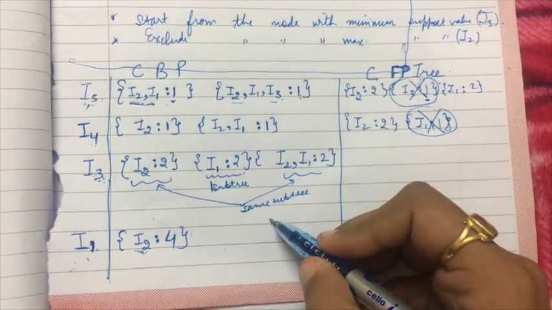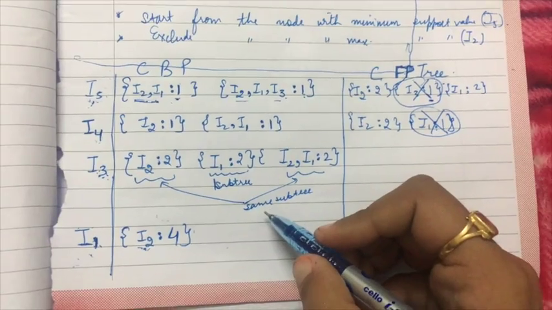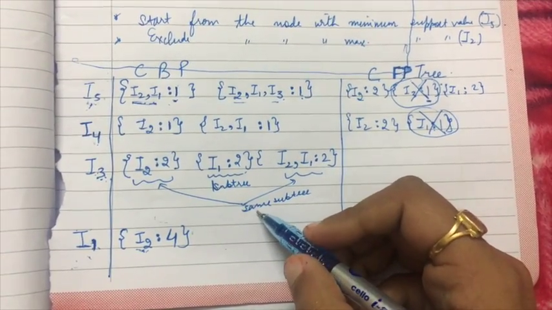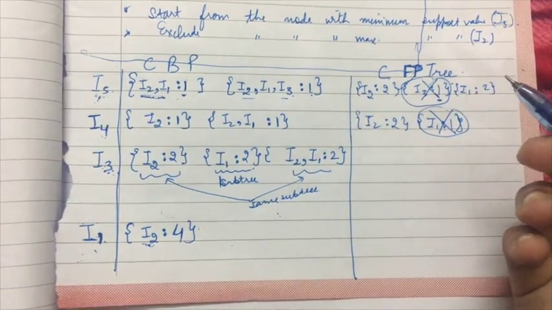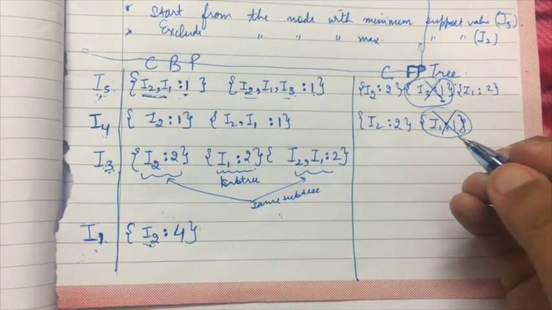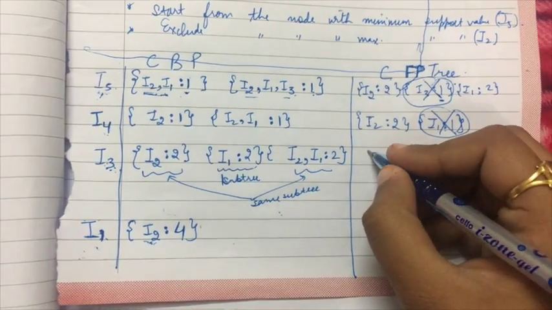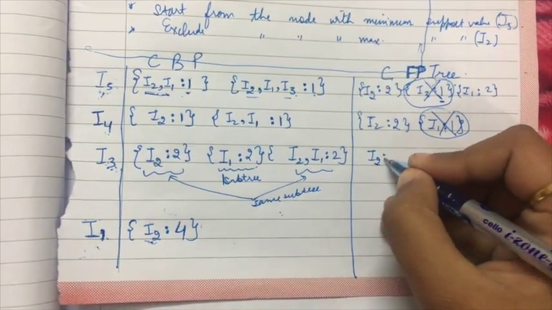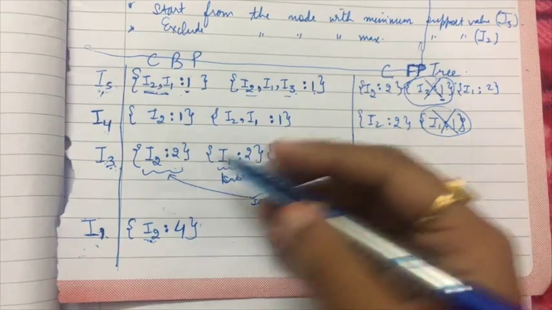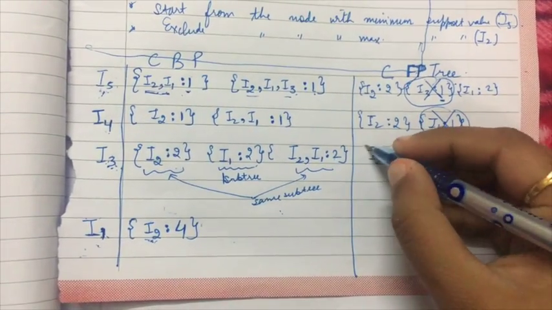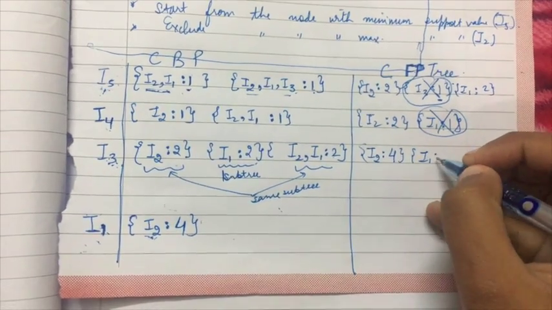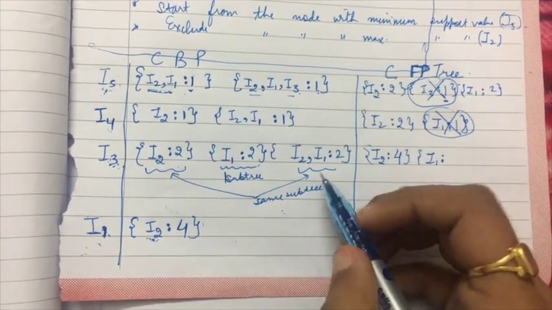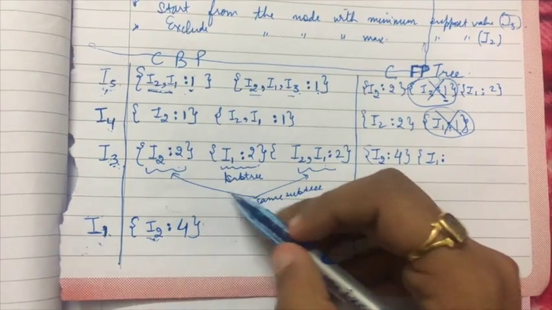Now in this subtree, I have to denote it in a simple but a bit special way. I'll write down I2 comes 1, 2, 3, 4, 4 times. And I1, I do not write as 4 times because this is a part of one subtree.